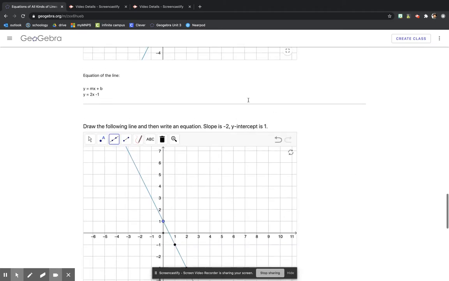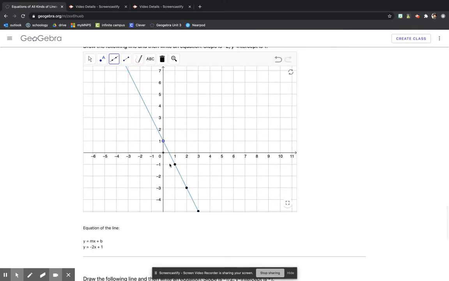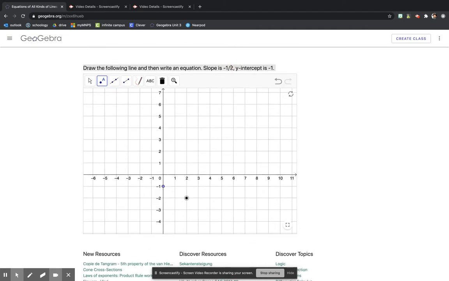Now, when we looked at these other problems, it just had -2 as our slope. But we know really if we were to put that into fraction form, it would be -2 over 1. That over 1 means every time we go to the right 1 space, it goes down 2 spaces. This time, every time we go to the right 2 spaces, it's going to go down 1 space. -1 over 2 means down 1 space, over to the right 2 spaces.